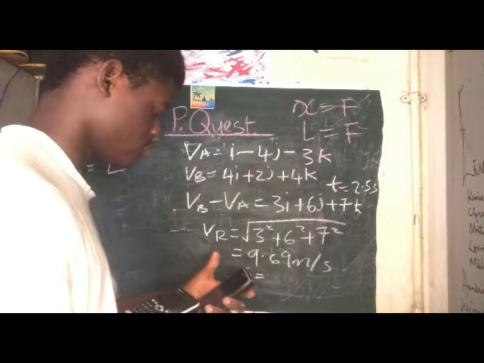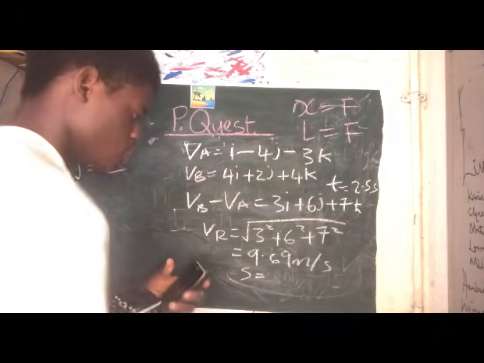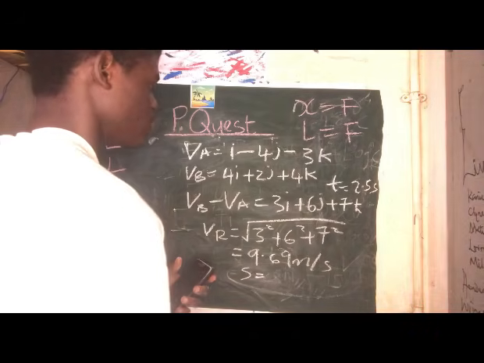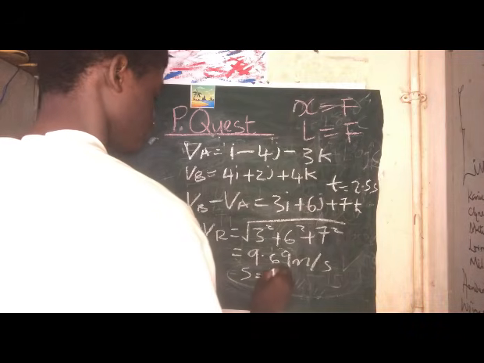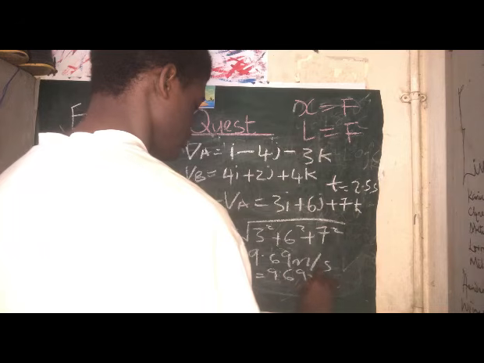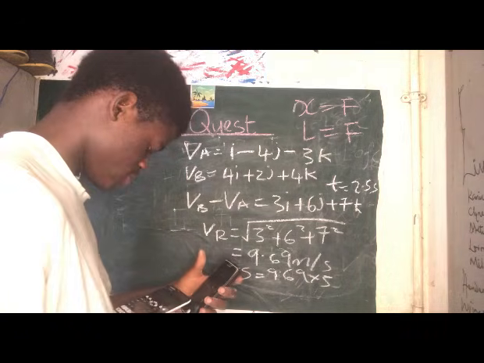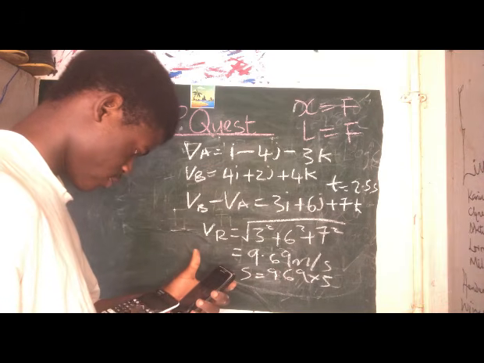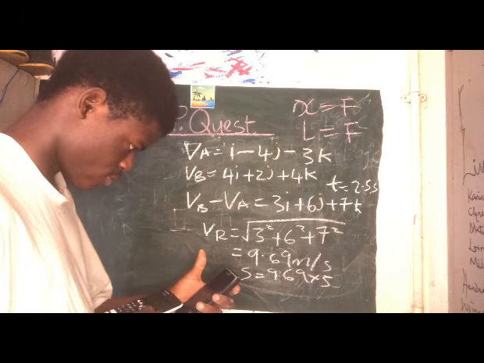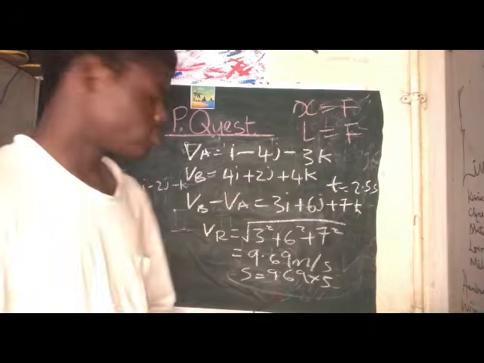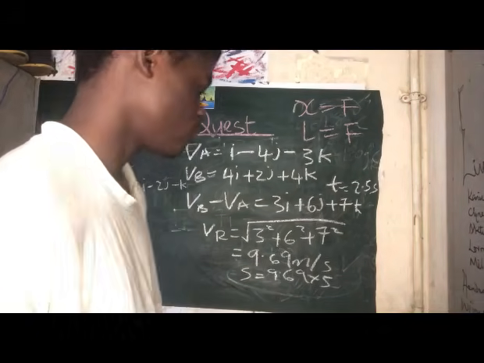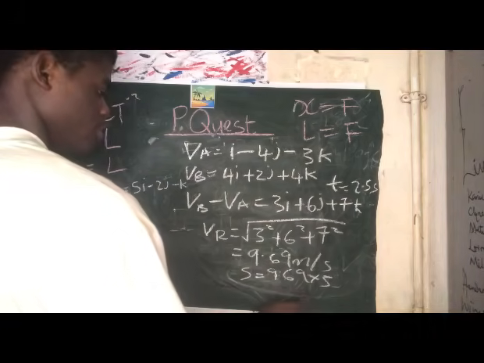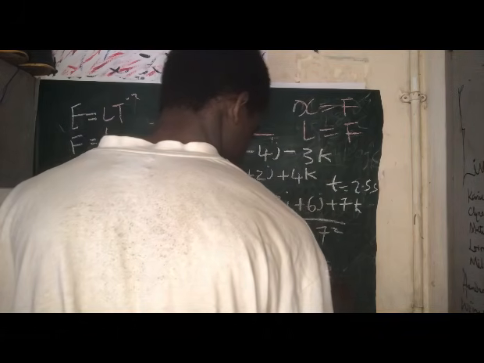So we're looking for distance. We've reached here. So that's velocity times time. That's 9.69 times 2.5.